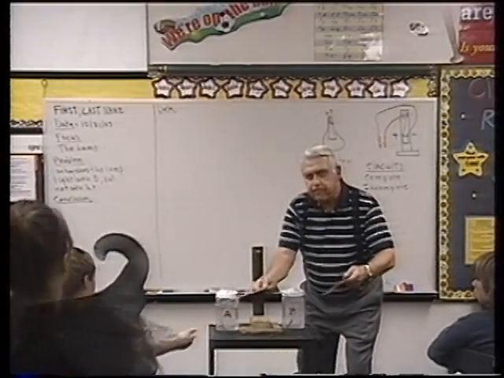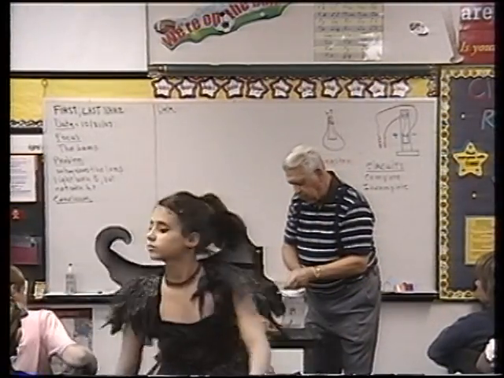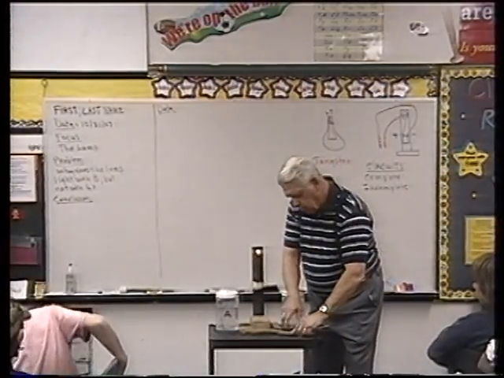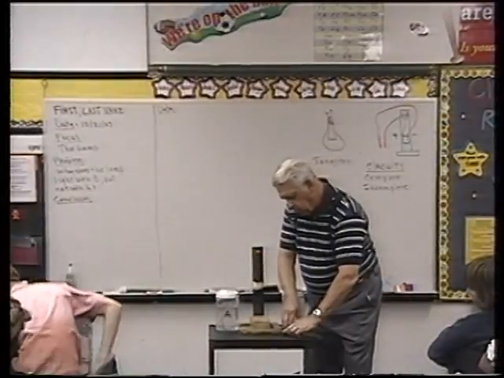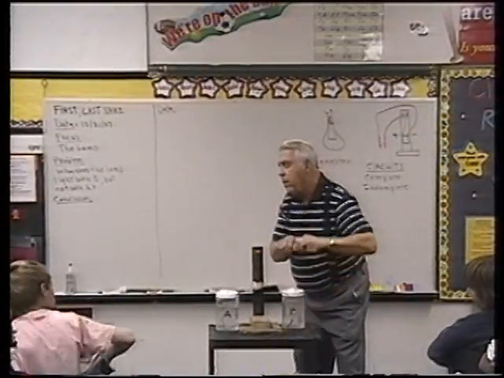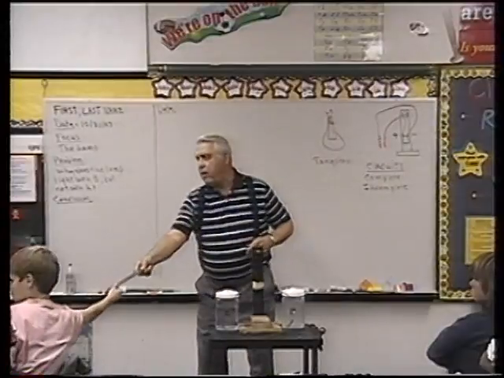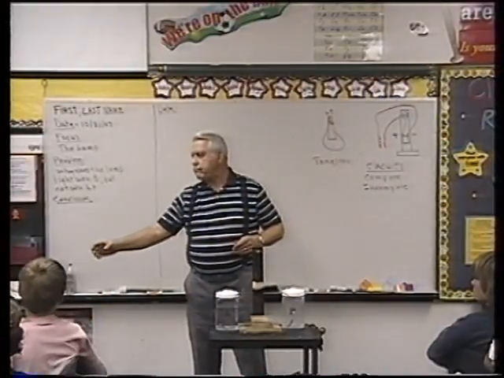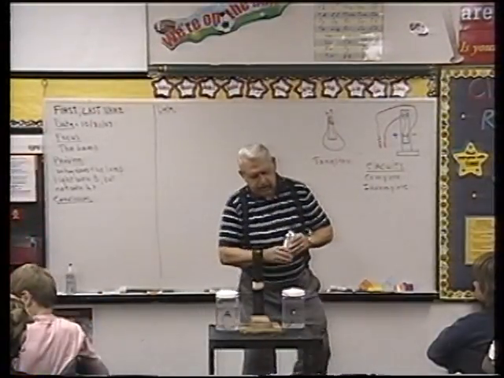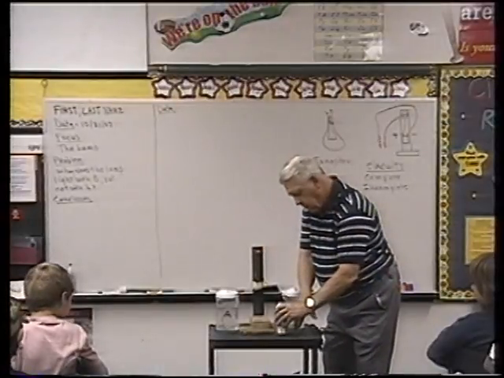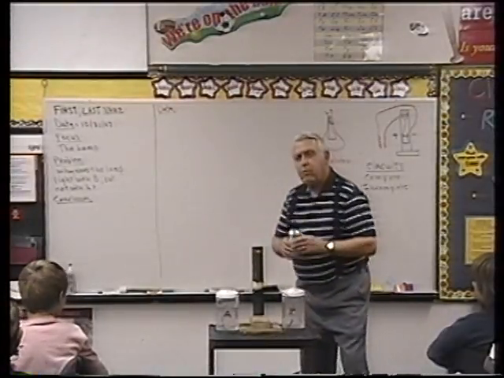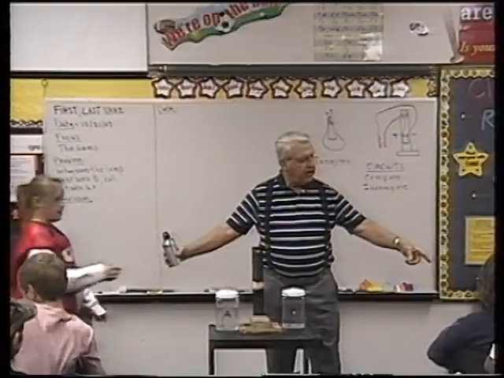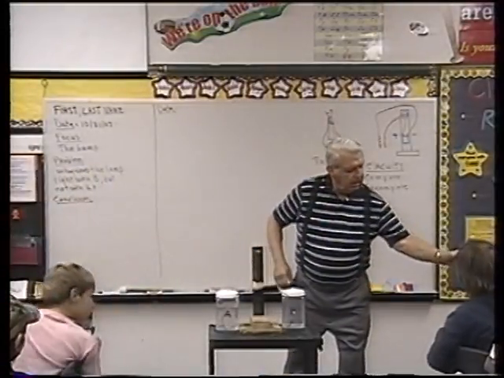Okay, now he has a metal ruler with a cork backing. Let's see if the metal, oh, the metal's a good conductor. Let's see if the cork is a conductor. No. Okay, let's try our water bottle, Stevie. Is the water bottle a conductor? Yes. Let's try Jake's plastic water bottle.